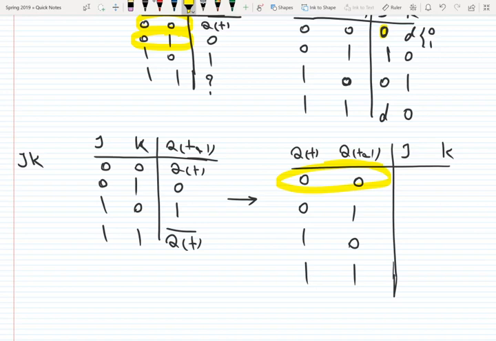The first thing, if J and K both are 0, or if J is 0 and K is 1, because the output will be reset. So under both of these conditions, the Q of t plus 1 is 0. So we say if J is 0 and K is D.